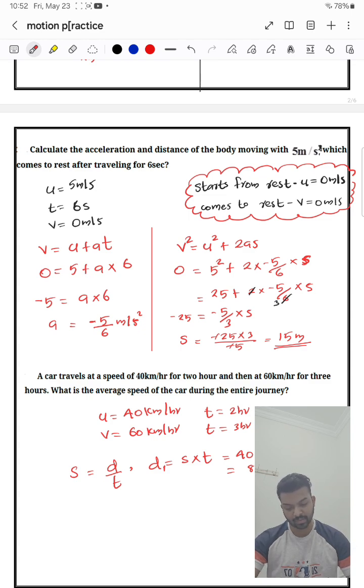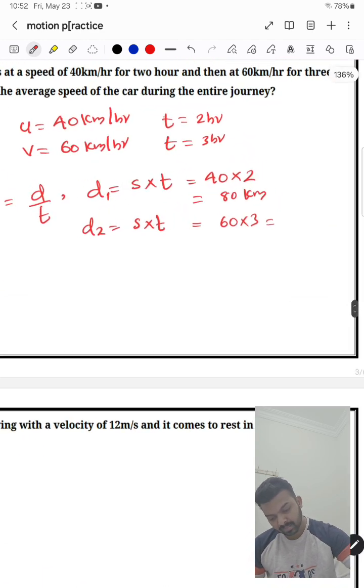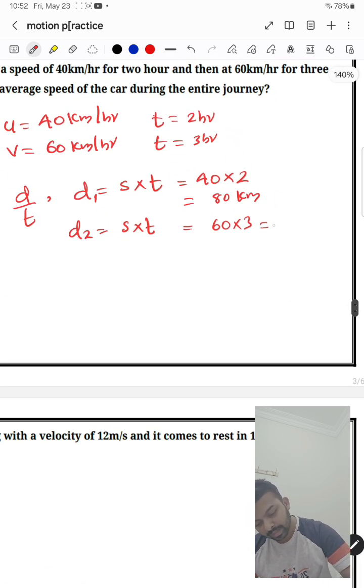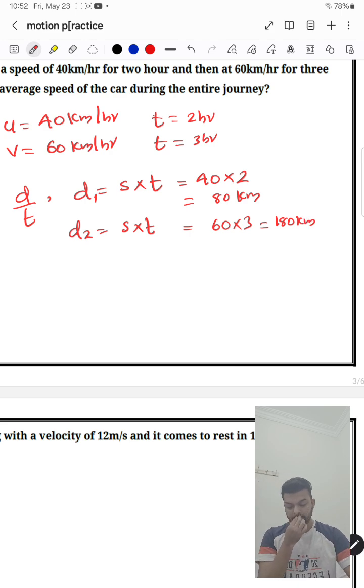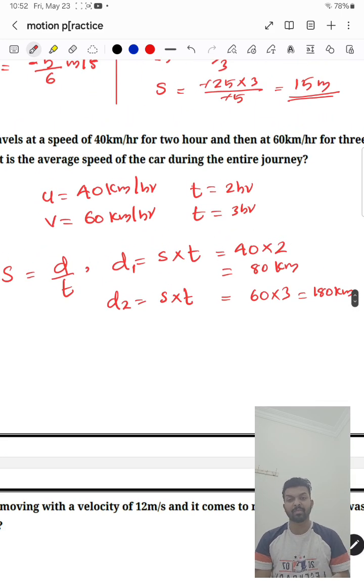Ready? Now next one, let's talk about d2, which will be s into t again, which will be 60 into 3, which is 180 kilometers. Clear or not? So we have found the distance traveled by the object.